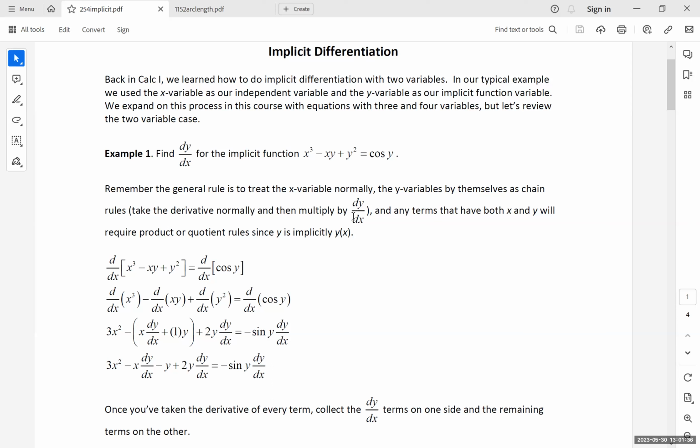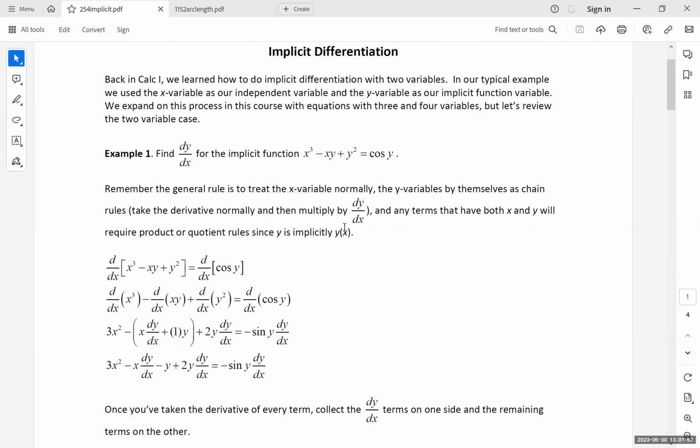But I personally prefer to write y prime as I'm doing the problem out, and then substituting back dy/dx at the end, because again, it's just less writing, but that's a style choice more than anything else.